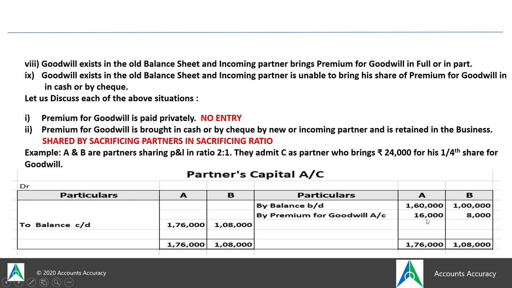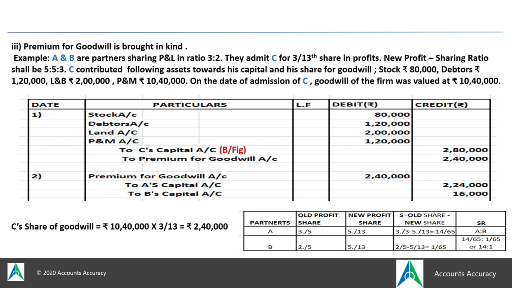So 2:1 is the ratio in which 24,000 should be divided. You will show in the partners' capital accounts by premium for goodwill 16,000 and 8,000. This is how you divide premium for goodwill and reflect it in A's and B's capital accounts on the credit side.